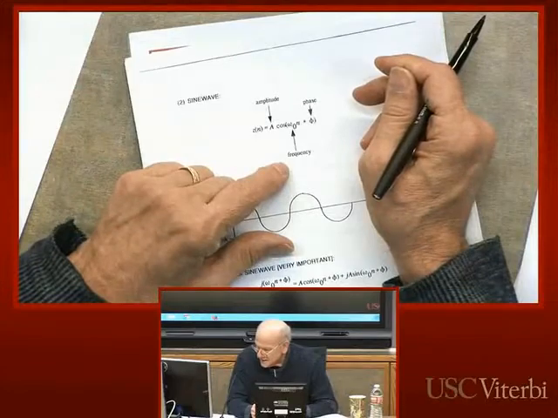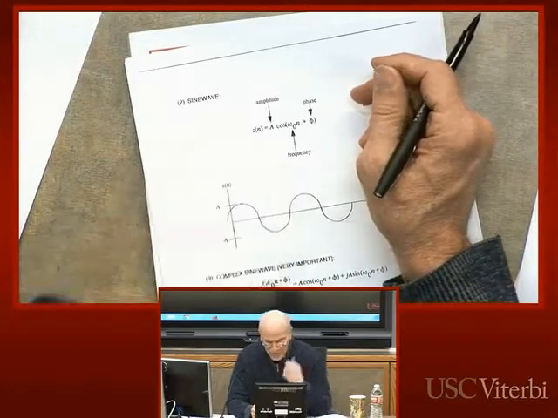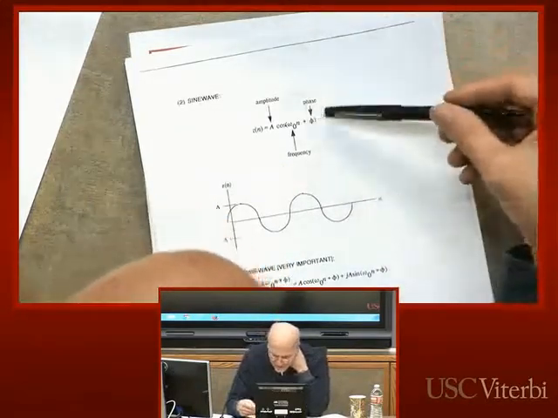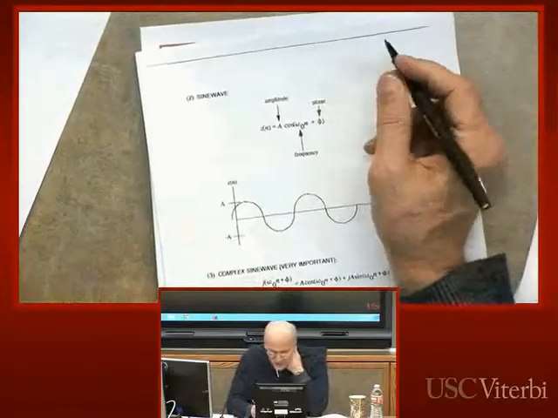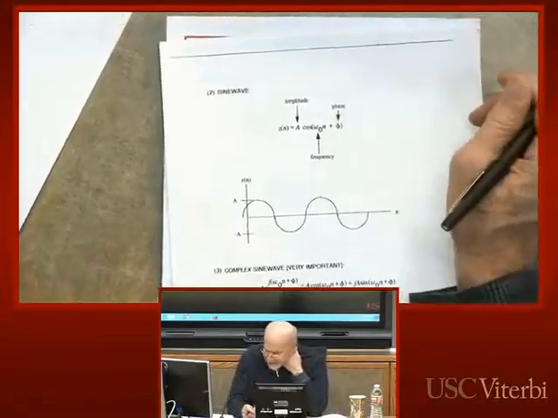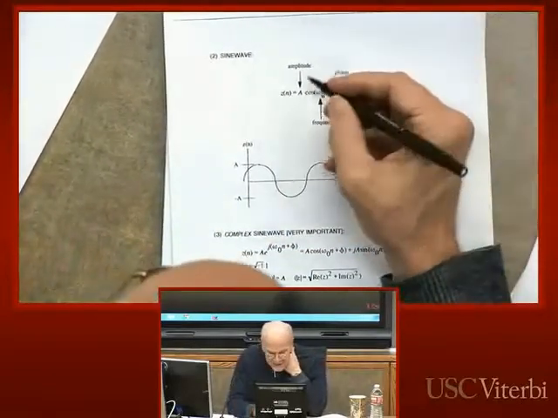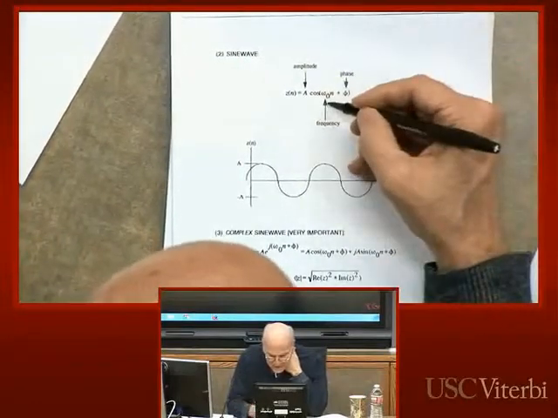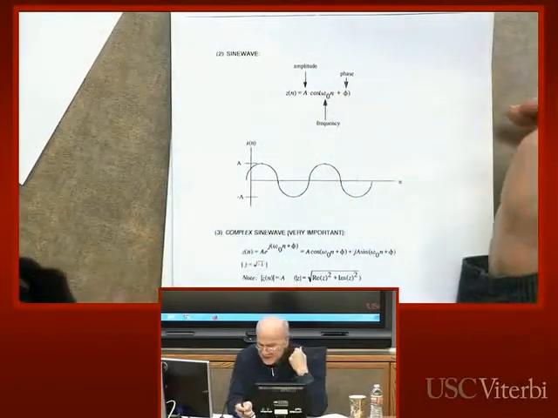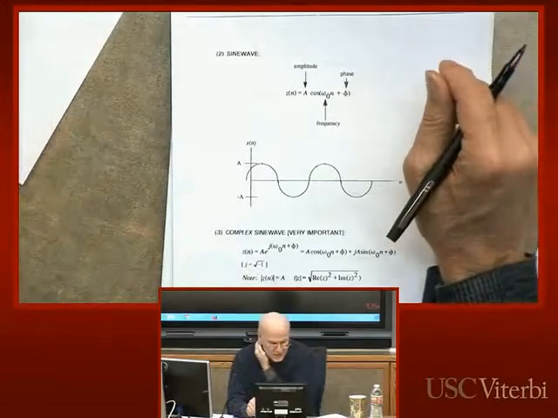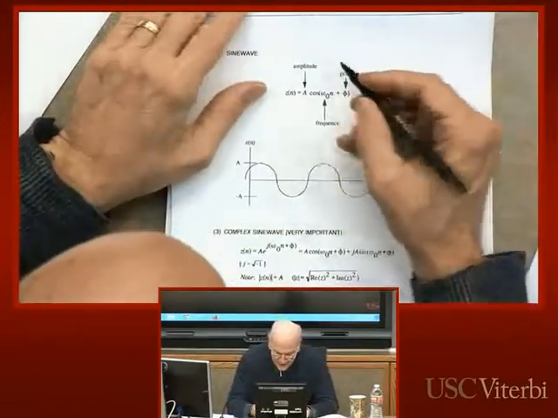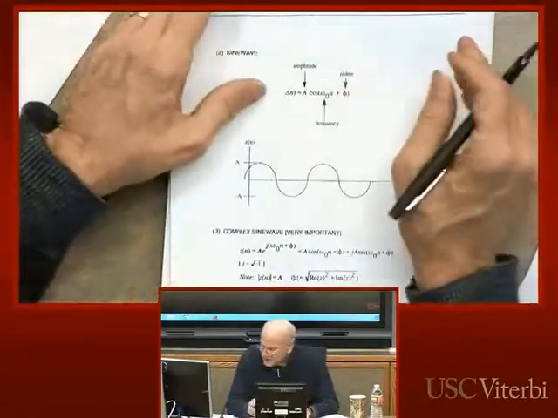The discrete sine wave is normally defined by, I guess, 3 parameters: one is the phase, phi, one is the amplitude, one is the frequency, which I'll have another comment about in a minute. And notice it's a function of a discrete time index.